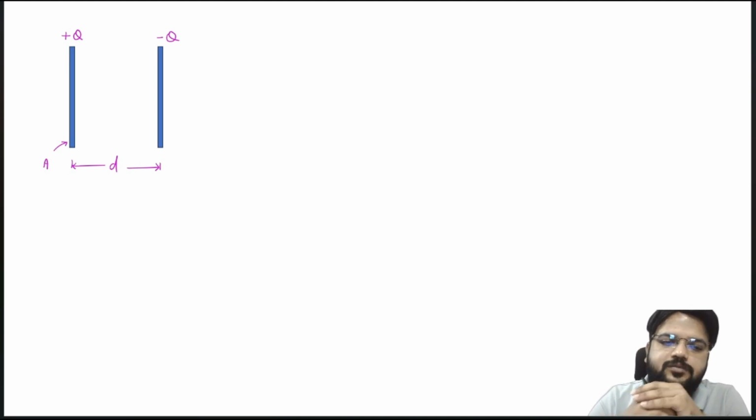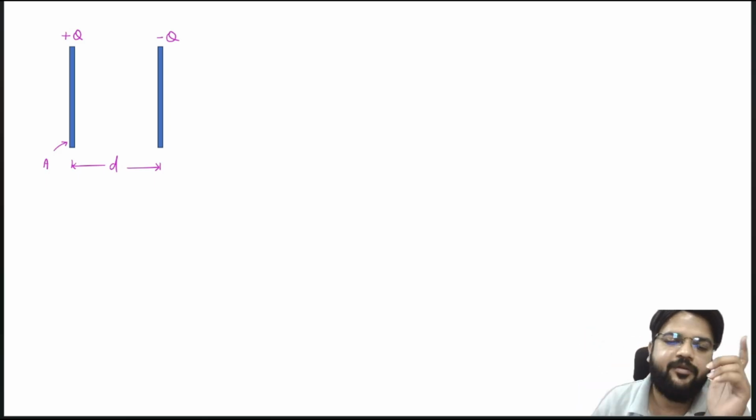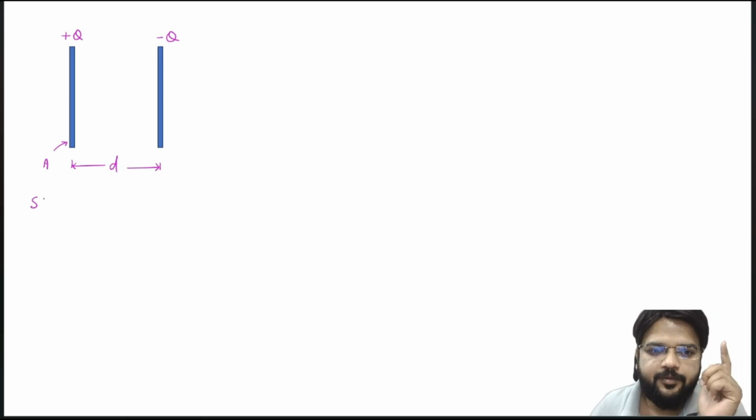So first of all, we are giving some charge to this capacitor. Then we will find the electric field between the plates.